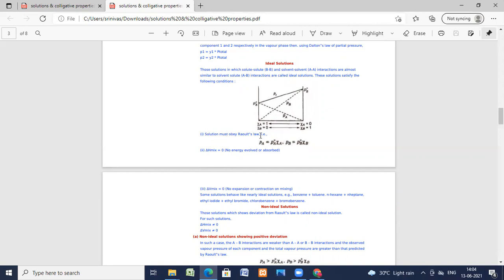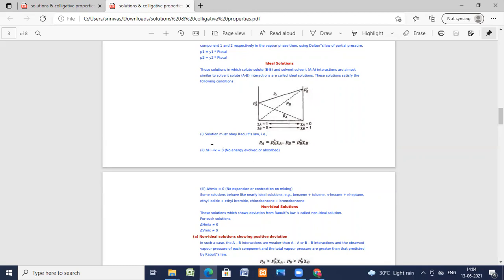These are solutions in which the solute-solute B-B interactions and solvent-solvent A-A interactions are similar to the solvent-solute A-B interactions. The forces of attraction between solvent molecules, between solute molecules, and between solute and solvent molecules in the final solution are all the same. This is called an ideal solution.